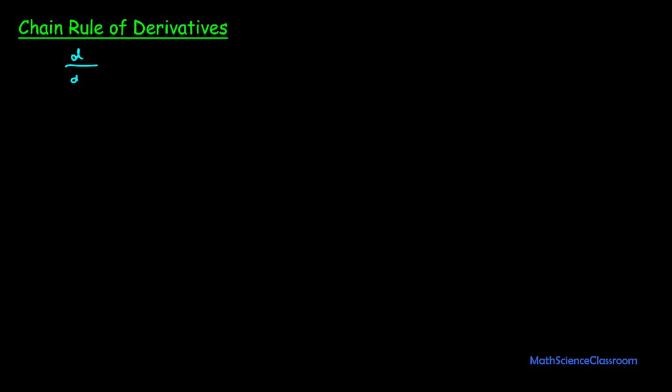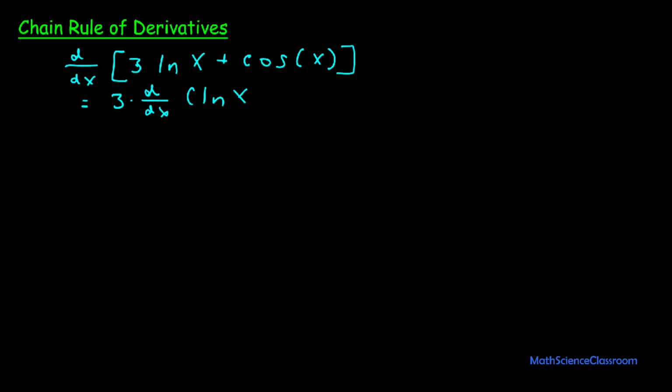So d dx of 3 times the natural logarithm of x plus cosine of x equals 3 times d dx of natural logarithm of x plus d dx of cosine x, equals 3 times 1 over x.